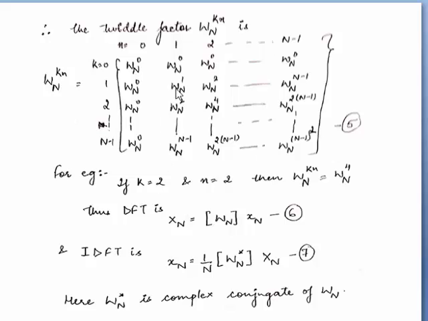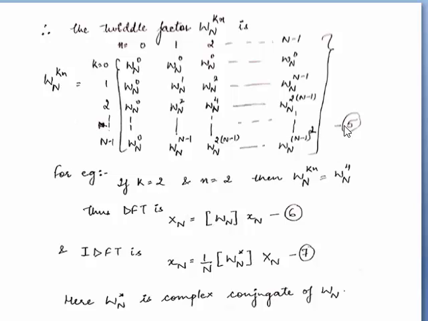We find all the values. In the same way, when k is 1 and n is 1, it becomes twiddle factor raised to power 1. 1 into 2 becomes twiddle factor raised to power 2. 1 into N minus 1 becomes twiddle factor raised to power N minus 1. So you can find all the values up to N minus 1. The range of k is 0 to N minus 1 and the range of n is also 0 to N minus 1. That is equation number 5.